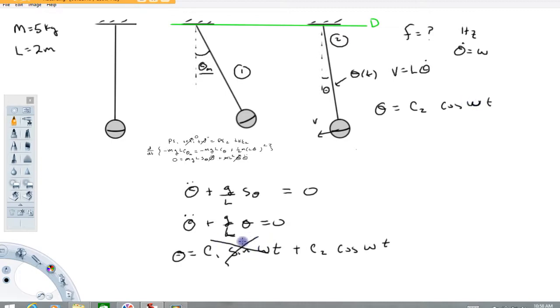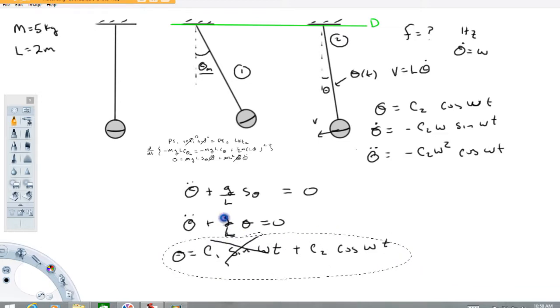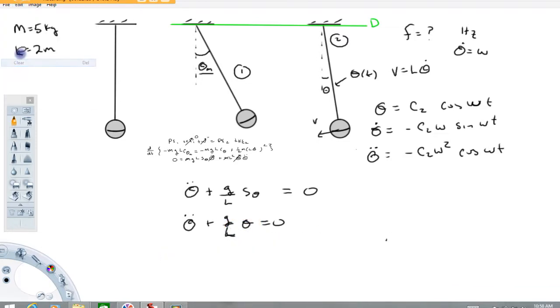Now, why did I throw this part away? I only need one of these to get the angular frequency, and it doesn't matter which. Theta dot is going to equal minus C2 omega sine omega t. Theta double dot is going to equal minus C2 omega squared cosine omega t, going through the time derivatives of these. And now we are going to sub this and this into our differential equation and see what we've got.